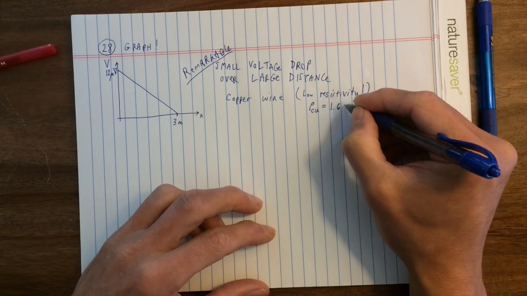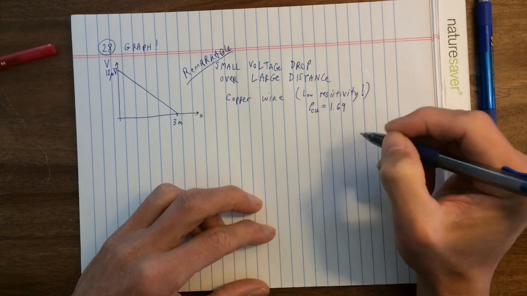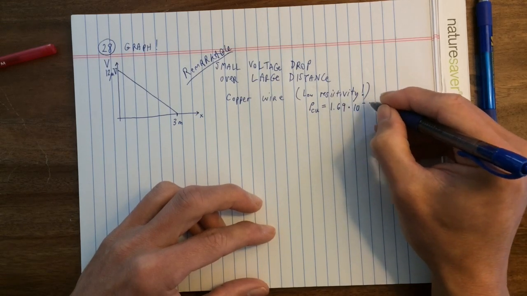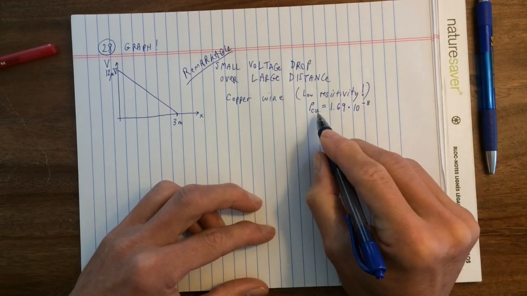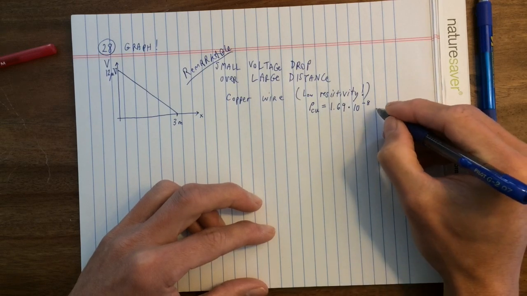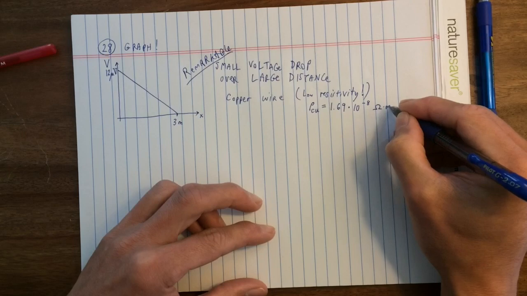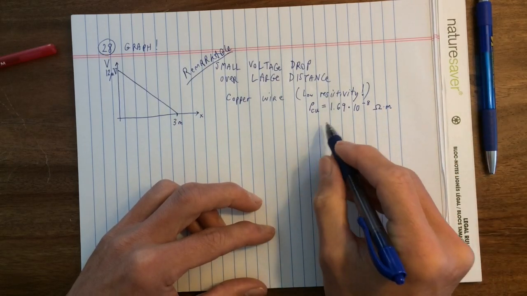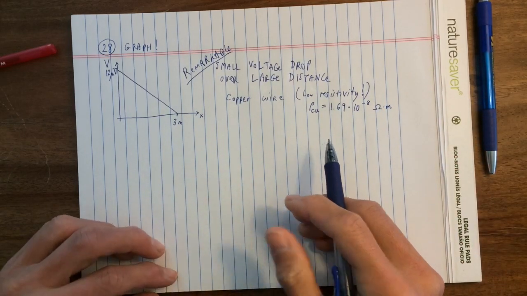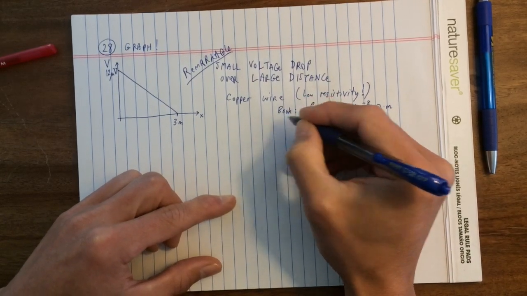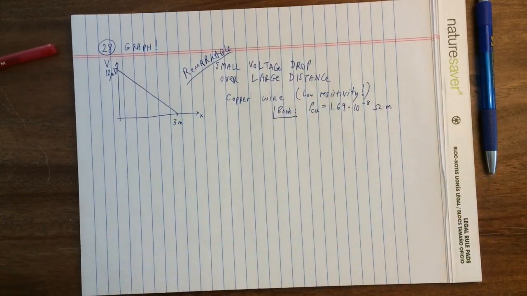It's actually in two different places in the book. 1.69 times 10 raised to the minus 8. And the resistivity is mentioned with units of ohms times meters. Ohms times meters. So that's just from the book. So I went and looked in a table in the book. So the book gave us this.